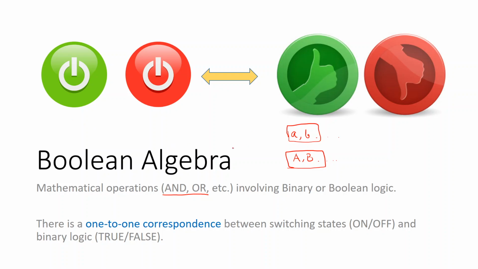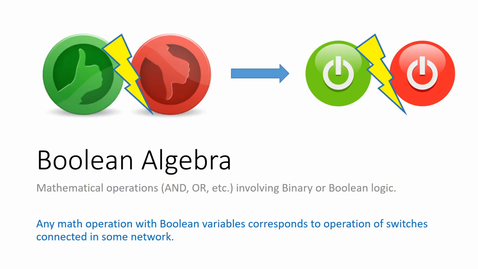Boolean algebra. The mathematics that we are able to perform in the Boolean algebraic system gets a physical shape, or we are able to reproduce that mathematics in a physical environment of the computer using the switches.